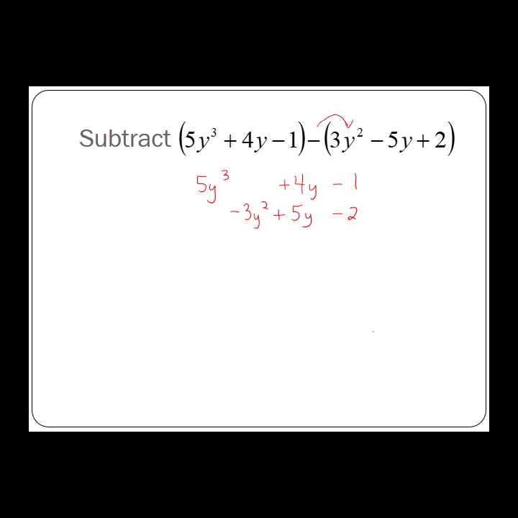So minus 3 plus 5 minus 2. Negative 1 minus 2 is negative 3. 4 plus 5 is 9. Negative 3y squared and 5y cubed. Notice, don't line things up unless they have the same variable part. So you can't put the y squared with the y cubed. They're different kinds of terms.